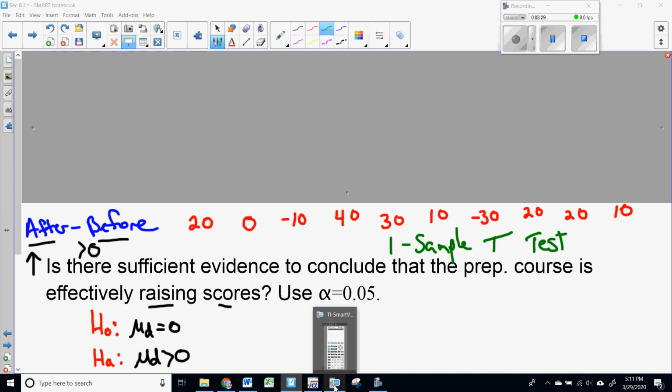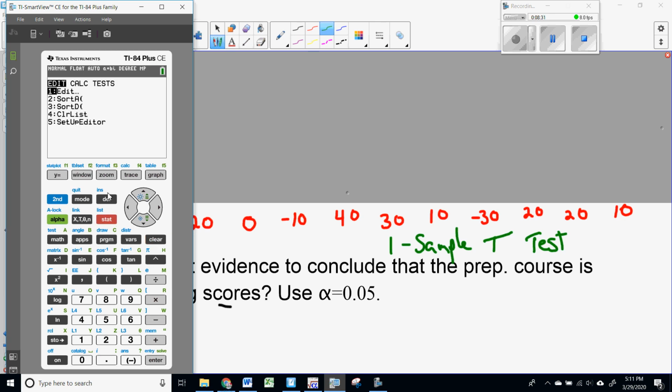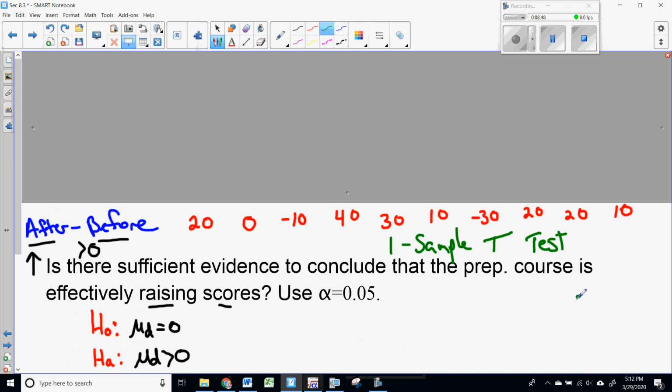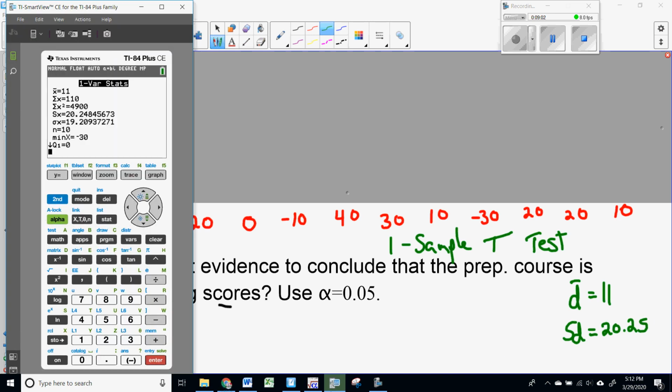So all we're going to do is take that new set of data, and I've put in that new data, 20, 0, negative 10, into the calculator. And then I can go to my one variable stats, and I can get my D bar is 11, and my S sub D is 20.25, which I got from the calculator.